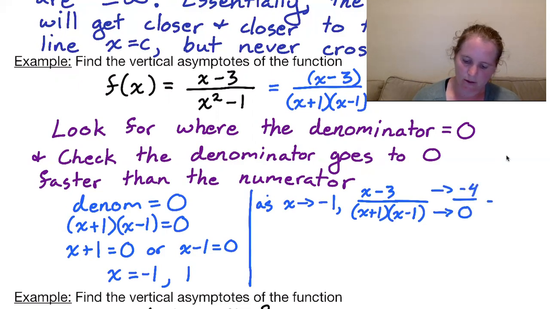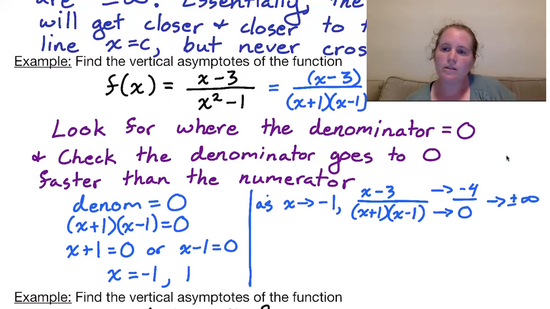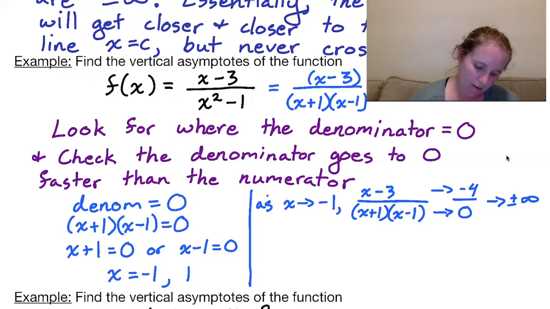So this is going to go to either positive or negative infinity, right? To check specifically, we would need to look at which side we're coming from. On the bottom, as we go to negative 1, it would depend on which side we're coming from, whether we would be looking at a positive or a negative. But we do know we'll be going to one of those infinities.